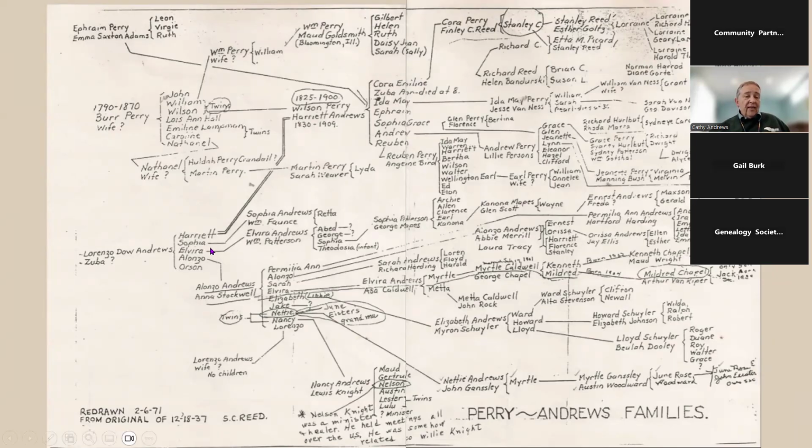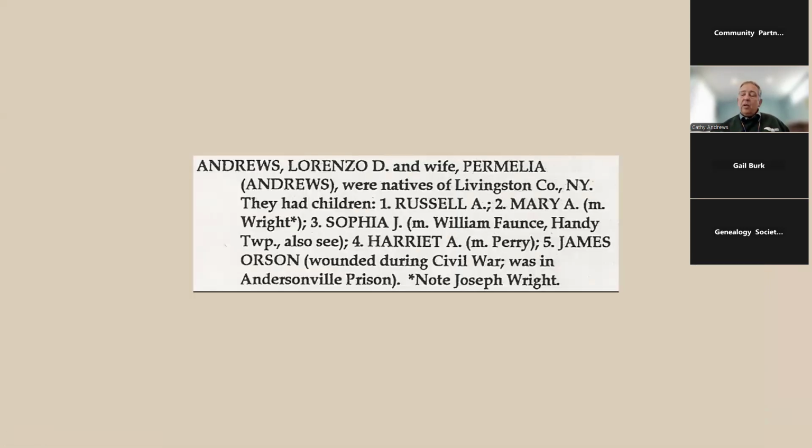But I knew about Alonzo. I didn't know about all of the other children, and I especially didn't know about Lorenzo Dow Andrews, my third great grandfather and long-term brick wall. So when I saw Orson, I thought, okay, who was Orson Andrews?